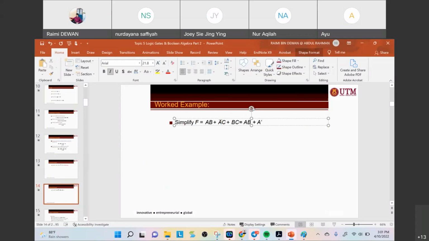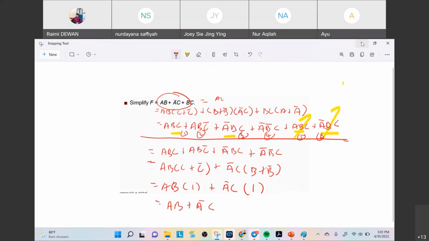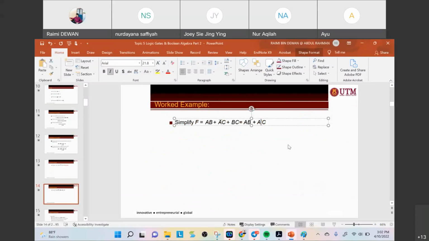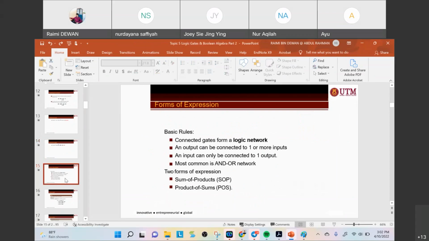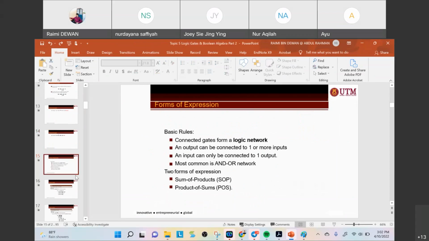This is the same. I hope you guys understand. This one means the bar, the same thing. So this is the same thing, it also means a bar. So, form of expression.